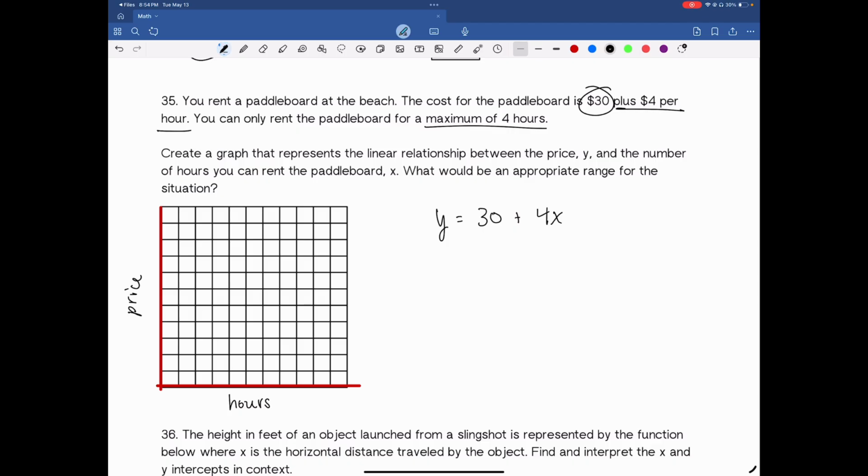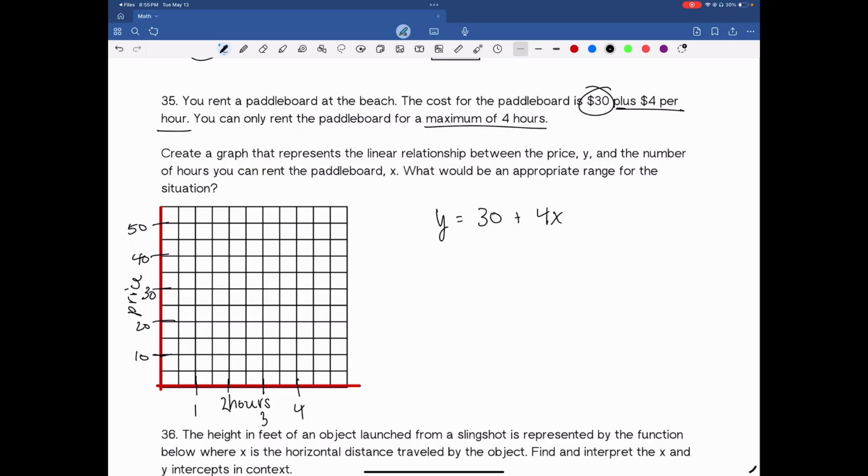But we can only rent the paddleboard for a maximum of 4 hours. So if we were to mark off our number of hours, we know we'd have to stop there. So 10, 20, 30, 40, 50. Let's see if that's going to work.